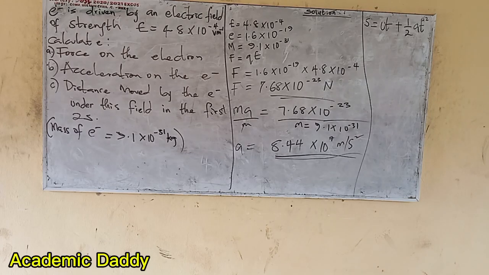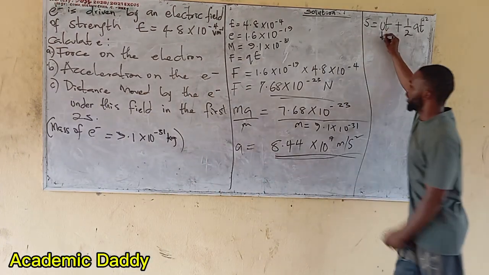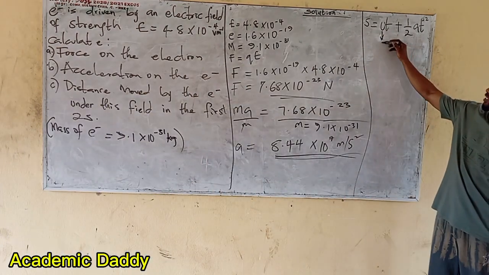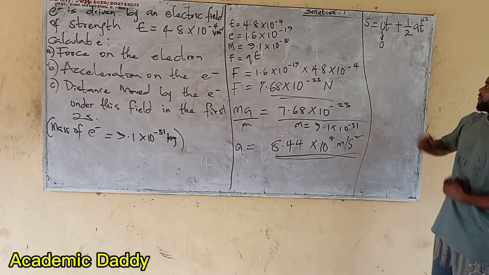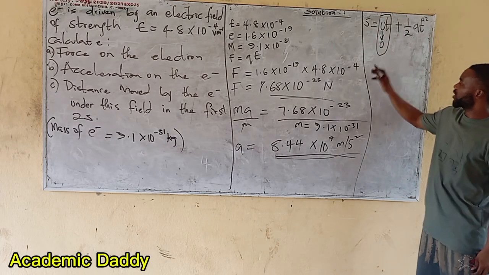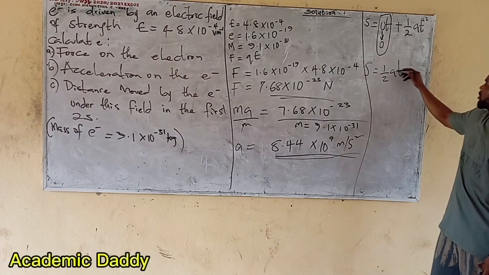Alright, so what I'm using is the initial state. The electron starts from rest, so the initial velocity is zero. So what I'm using for the distance in the first 2 seconds is simply half AT squared.